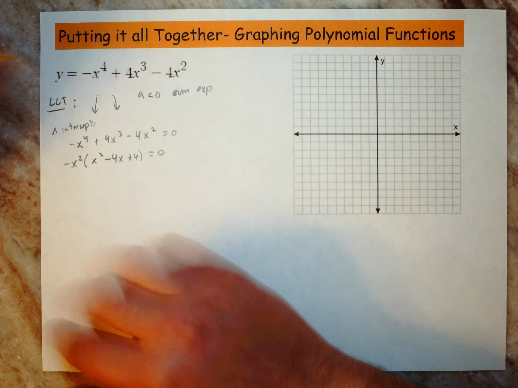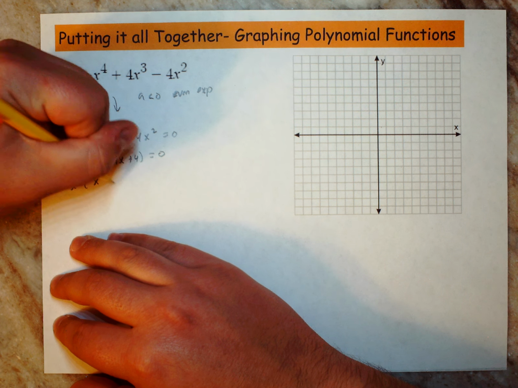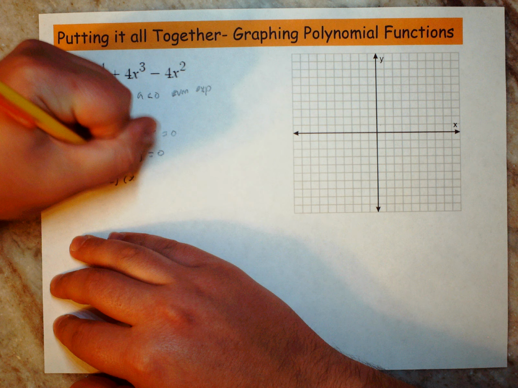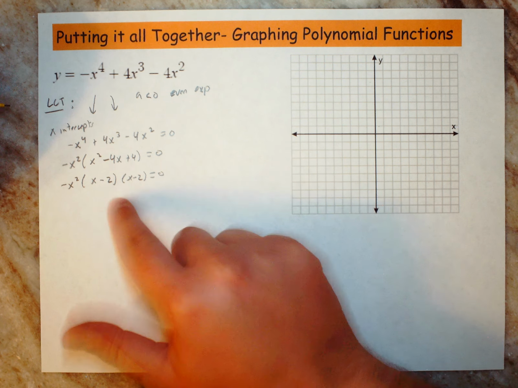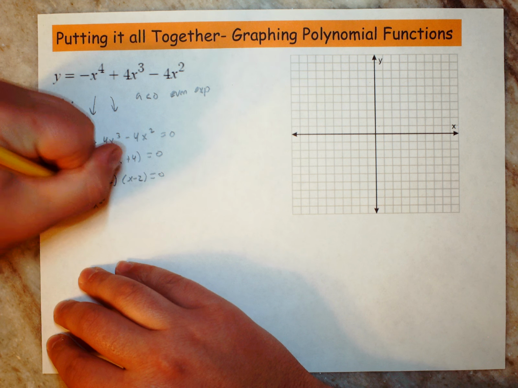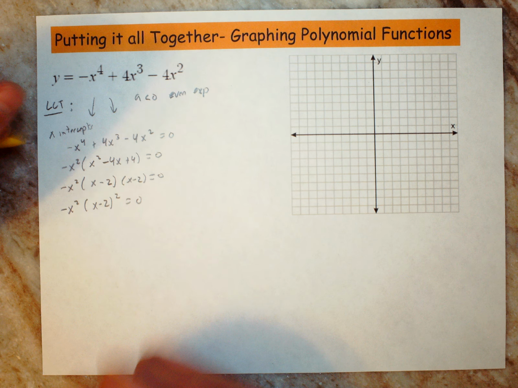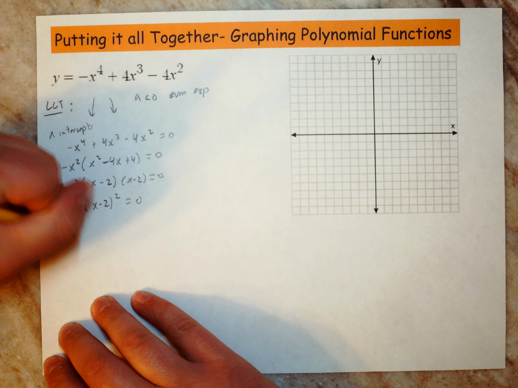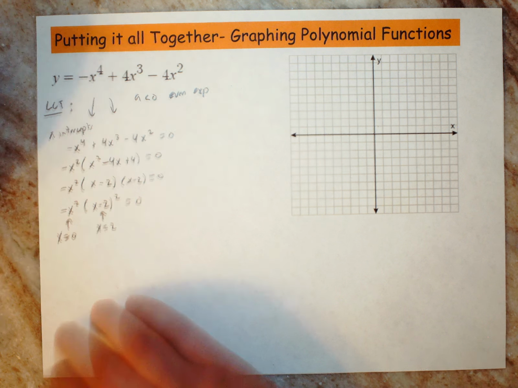You can actually factor that. So -x squared times x minus 2, x minus 2 equals 0. Now, because there are two x minus 2's, you can rewrite that as x minus 2 squared equals 0. So that tells you that you have a 0 at x equals 0 from here and x equals 2 from here.